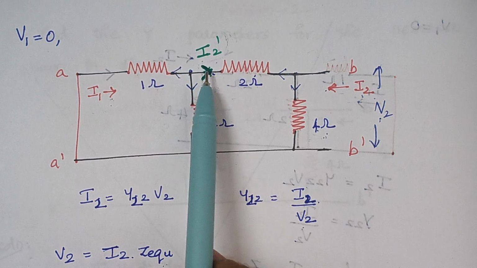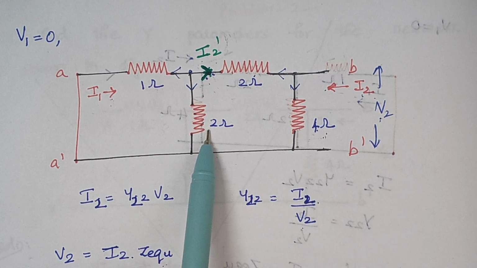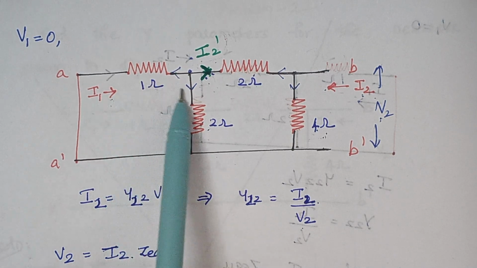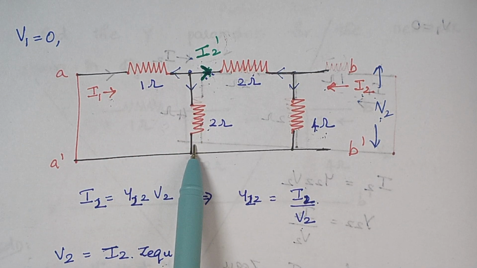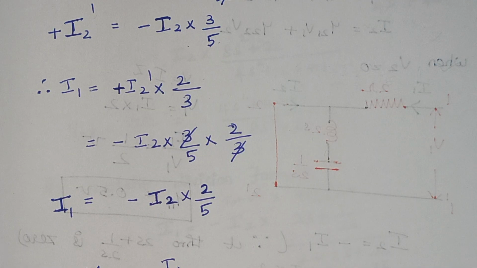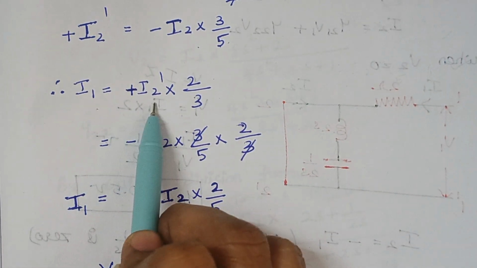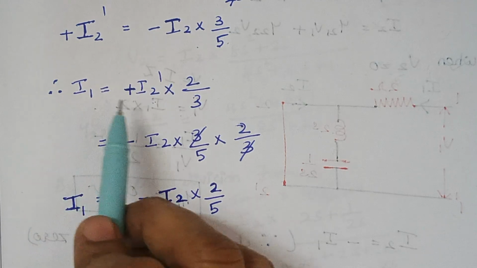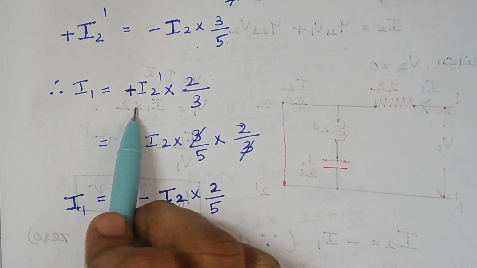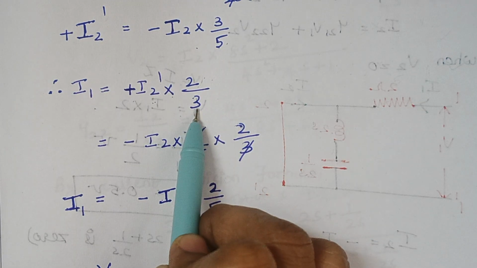So I2 dash into the resistance which is opposite to I1, which is 2, divided by the total resistance, 2 plus 1. So the value of I1 is plus I2 dash, because I1 and I2 dash are in the same direction, into opposite resistance 2, and the total resistance is 3.